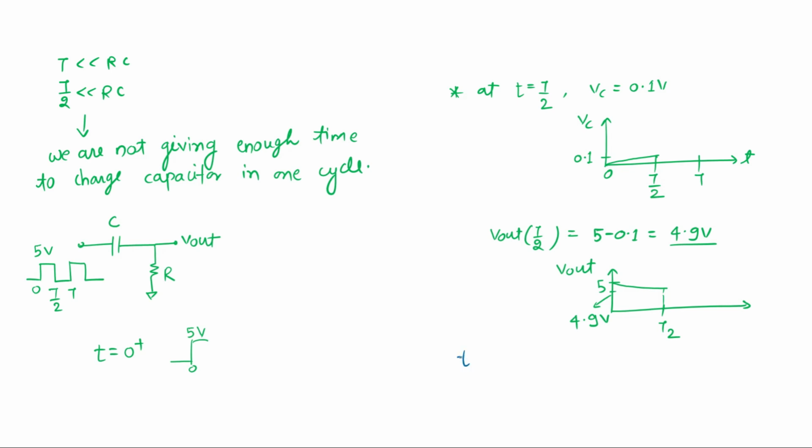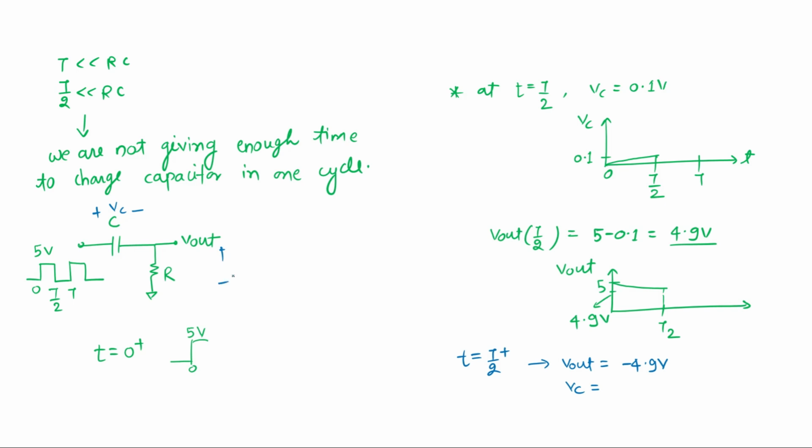Because at T equal to T/2 positive, my excitation is removed. So simply my V out will be minus 4.9 volt. And what will my VC be? Because VC we are considering in this direction. Remember the directions always. This is the VC, this is the V out.